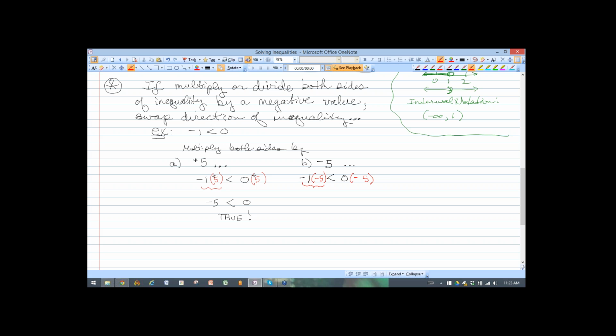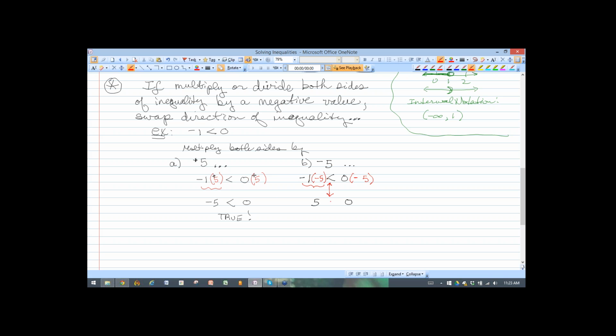Now my sign was negative. Now it's two negatives multiplied, and I'm going to have a positive value. So I'm going to have positive 5. And on the left, I'm going to still have 0. 0 times negative 5 is still 0. Now, look what happens. Take a look at the inequality truthfulness, I guess you could say.